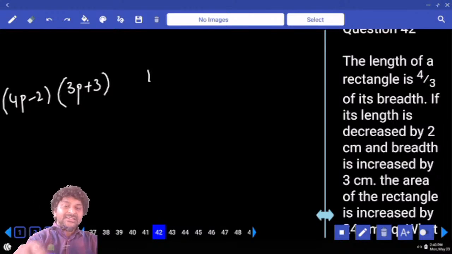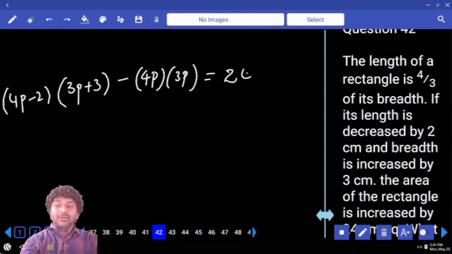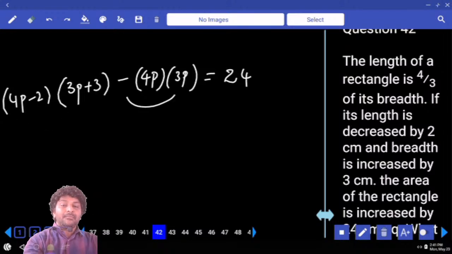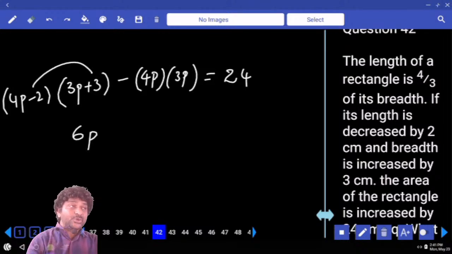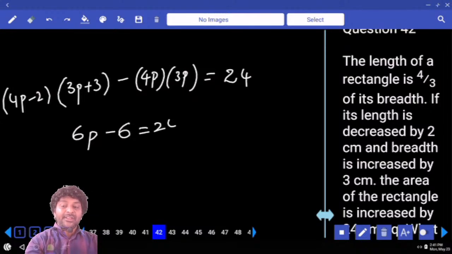And in the first case, area of the rectangle is 4 parts into 3 parts, and the difference is equal to 24. 12p square minus 12p square gets cancelled. 12 parts minus 6 parts, that is 6 parts, minus 2 into plus 3 is minus 6, equal to 24.